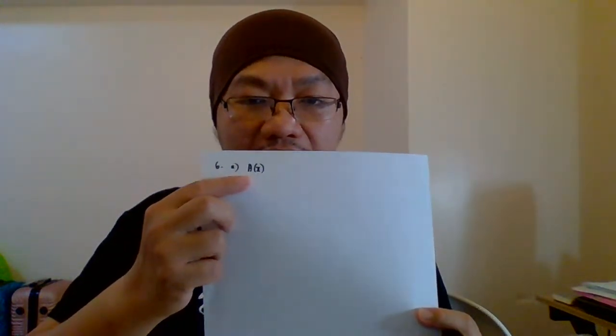Write the base area. That means we need to find the function of area. Area is what? x squared, right? So number 6, A(x). We need to write like this. We want to find the function of area in terms of x.